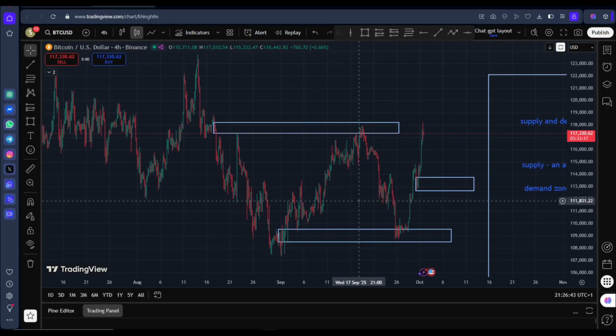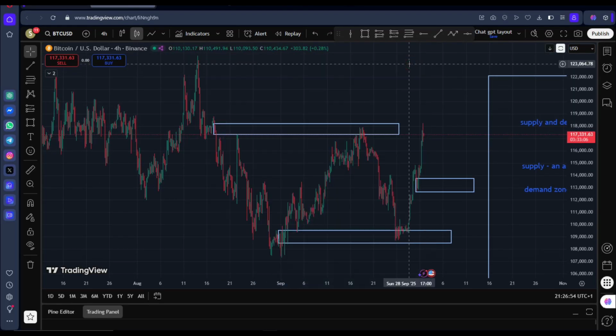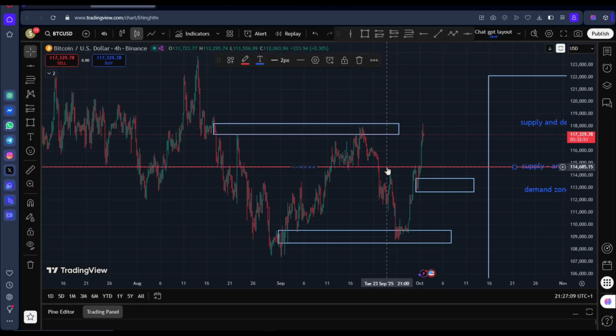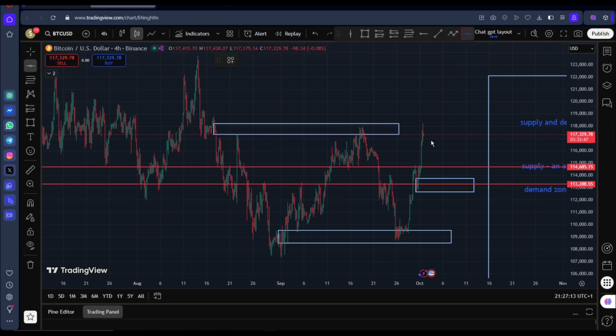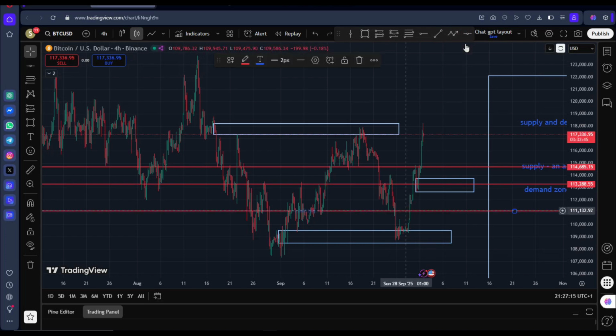We have our key levels. I'm just going to mark out some key levels. I'm only going to really look at what's relevant to me at this time. Okay, so I'm looking at once again my trend.